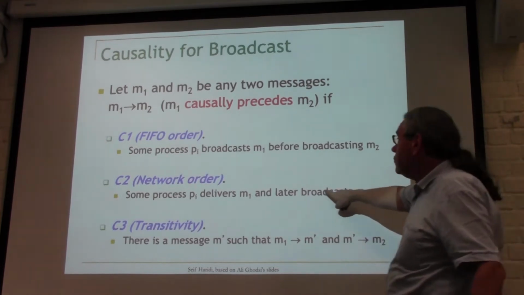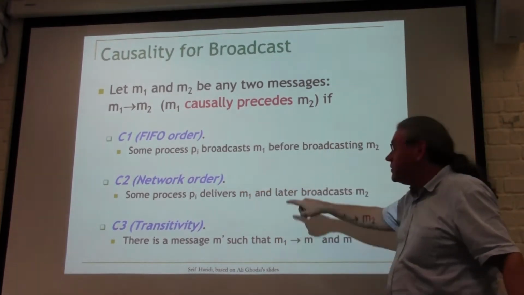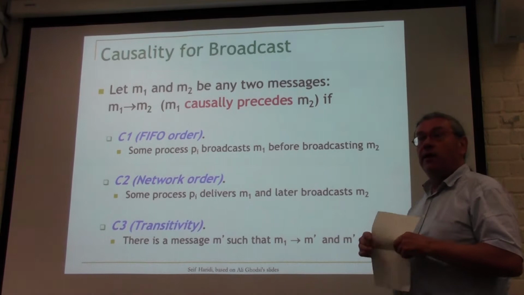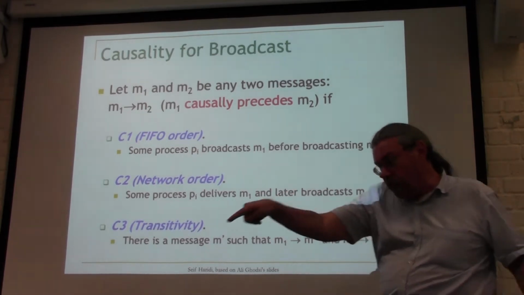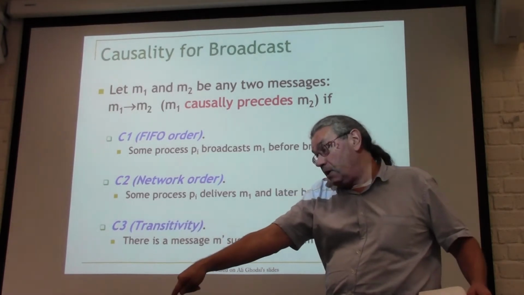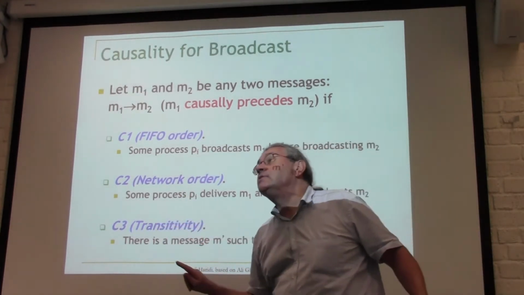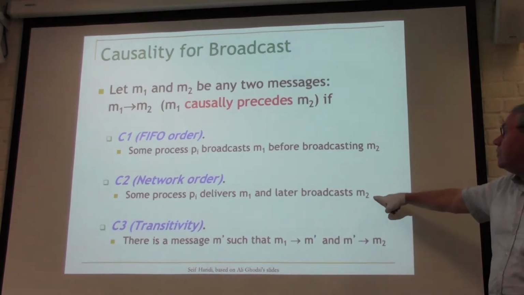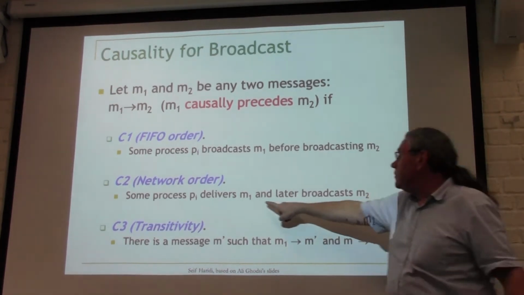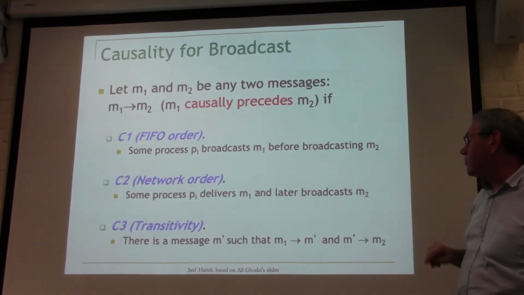And the second condition is called network order. This is the send and the receive. I do a broadcast, it's sent to another node, it was delivered there, and then that node itself does a broadcast. So clearly there's a causal connection there. Pi delivers M1 and broadcasts M2.